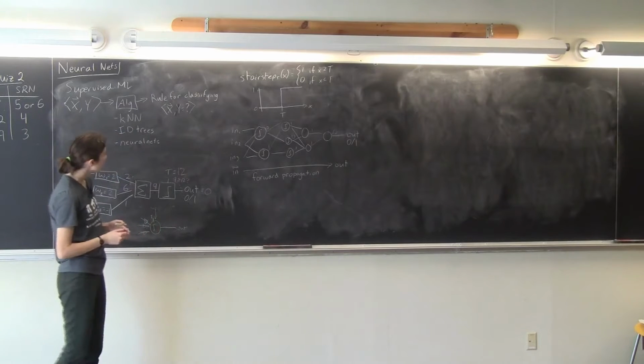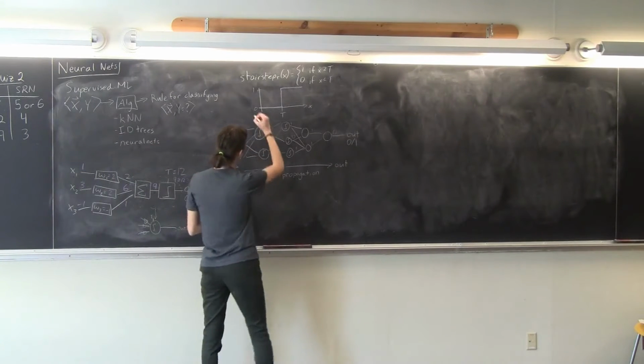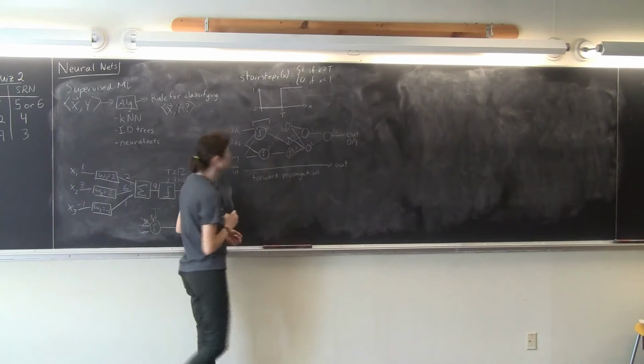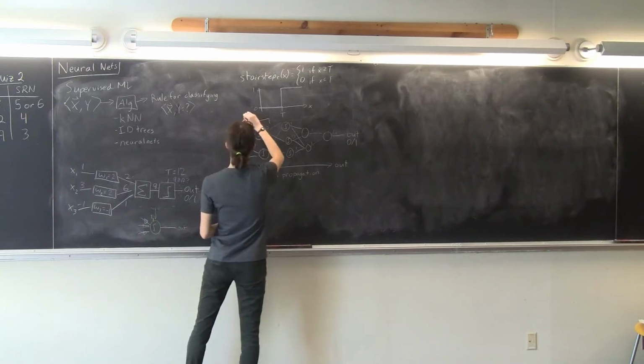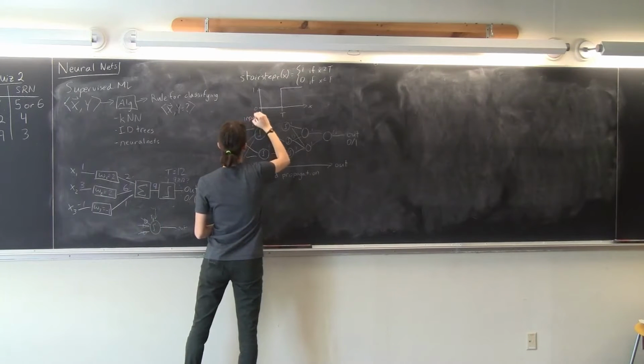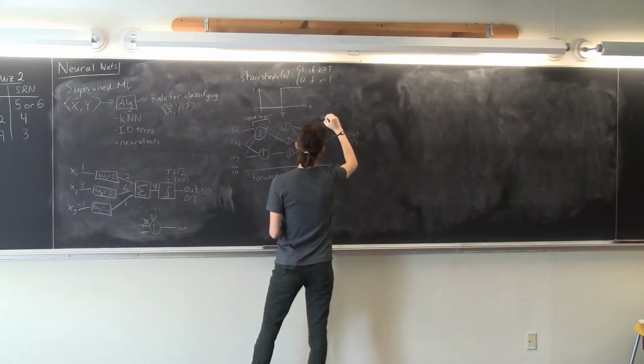So another thing we can do is label the parts of this neural net. We have this first layer of neurons, which is called the input layer, and we'll see in a few minutes why that layer is special. This final neuron is in the output layer, or final layer.